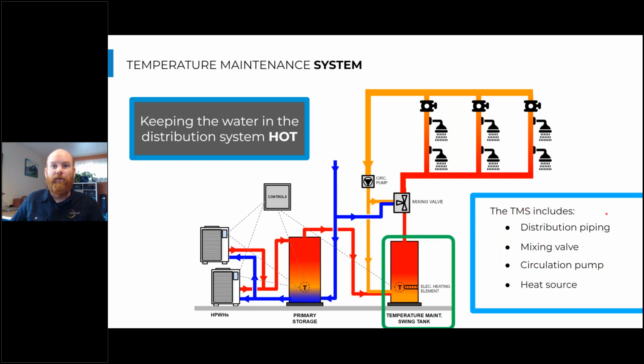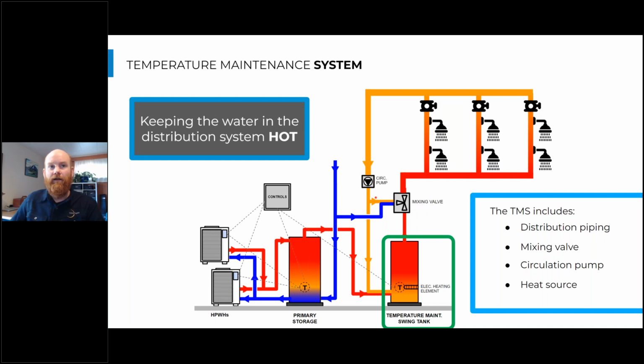The other component we have is a heat source. And so this is the heat source that's adding heat into the water to maintain the temperature in that distribution network of piping.